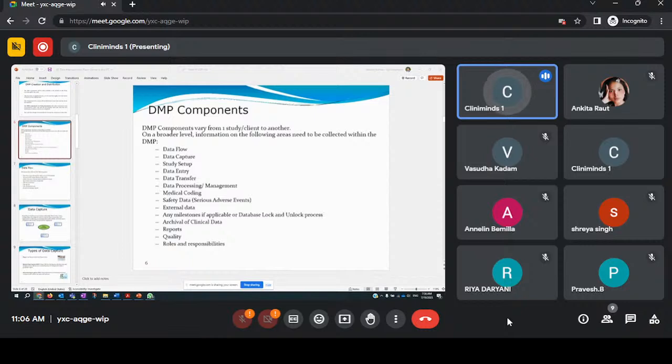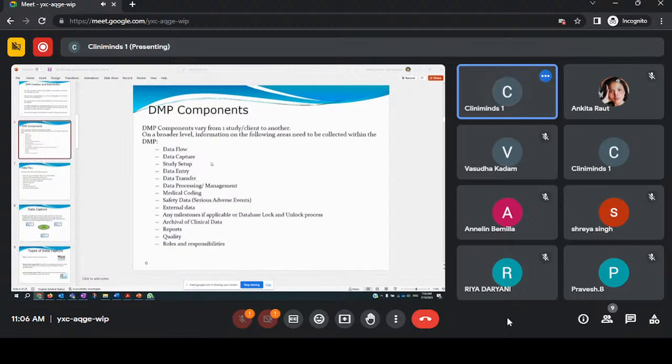And then once we receive it in data management, we analyze the data, like we do discrepancy management, we do reconciliation and other data cleaning activities, right? And then it will be cleaned. Okay. So these are the data flow, data capture, right? And data entry and data transfer we talked about.